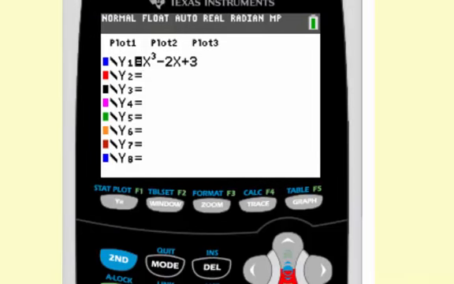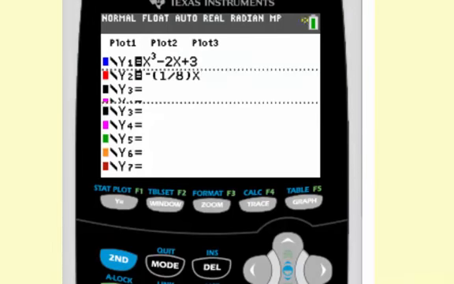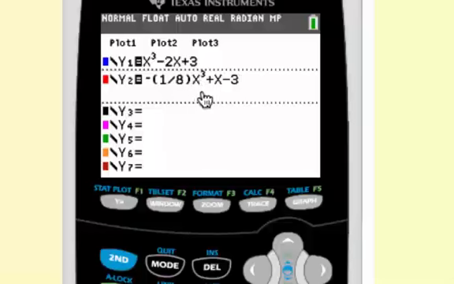And then we have negative of 1 divided by 8, and I'm putting that in parentheses, negative 1 divided by 8, and then x to the third power, and then plus x, and then plus 3, or minus 3 rather. So you have negative 1/8 x to the third plus x minus 3.